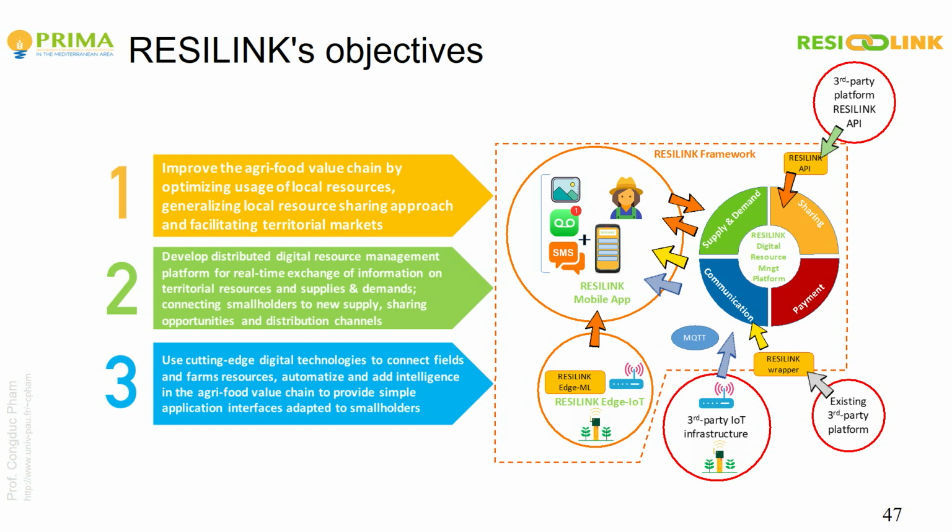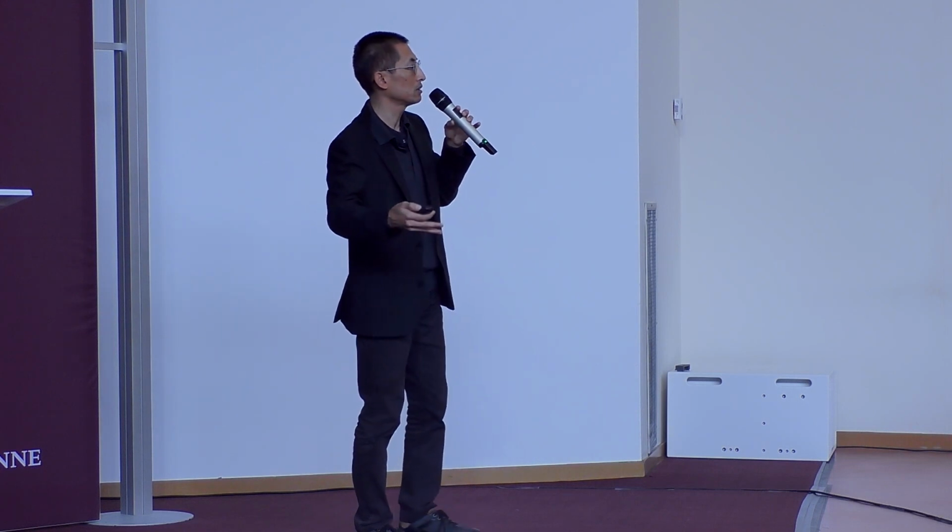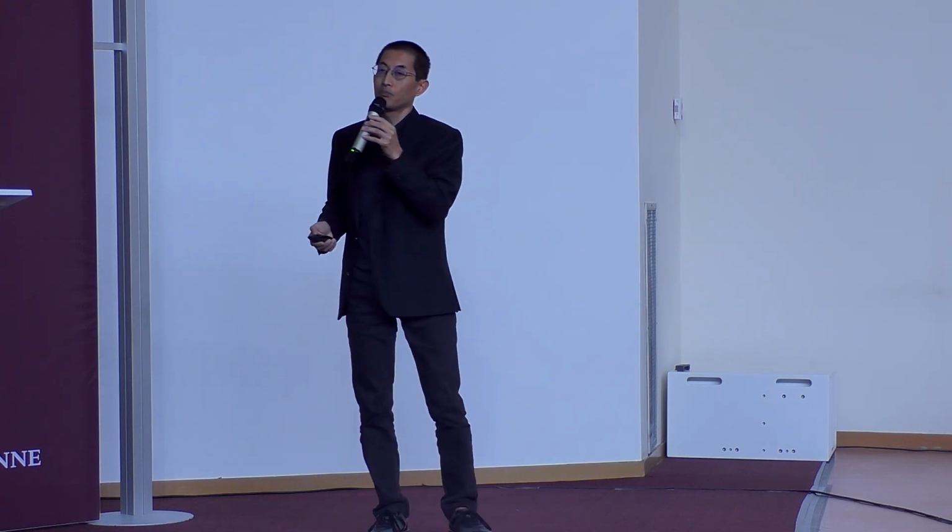So the approach is to allow smallholders to still maintain access to resources, agricultural inputs, services, and transportation, even in crisis situations, where restrictions on movement impact their activity a lot. So this is where we are proposing this notion of digital platforms.